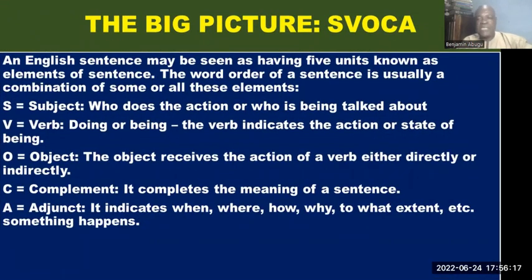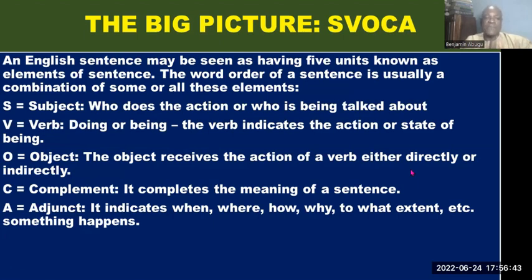Now, let's look at the big picture. SVOCA, an English sentence may be seen as having 5 units known as elements of sentence, all right? Now, the word order of a sentence is usually a combination of some or all these elements, okay?